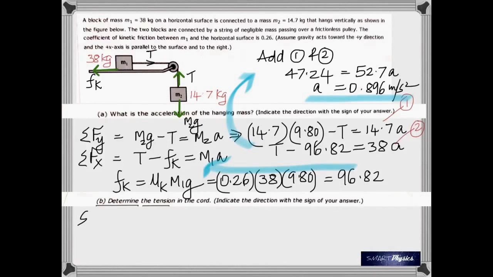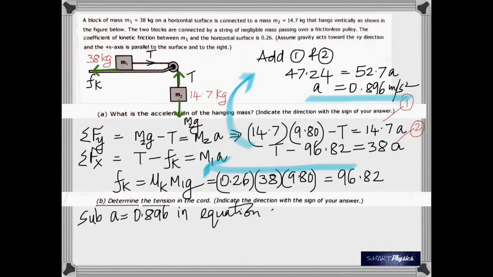The B part of this question says find the tension in the cord. Now to find the tension in the cord, you just substitute the value of A into any one of the equations.